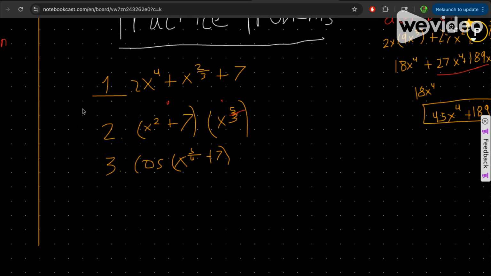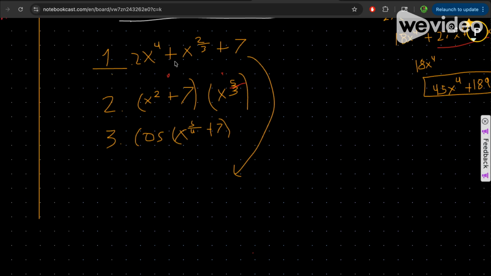So let's get started. Number 1, we'll put over here. I'll use a different color this time. Let's say blue. 2x to the fourth, the derivative of 2x to the fourth is 4 times 2, 8, x to the third, 4 minus 1, 3, plus, this is x to the 2/3 power.